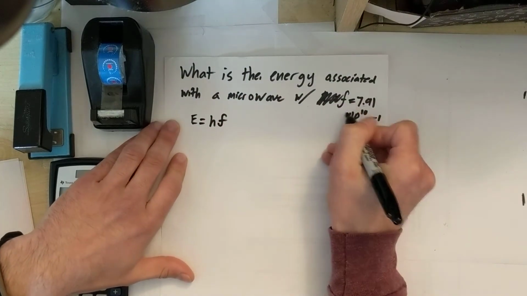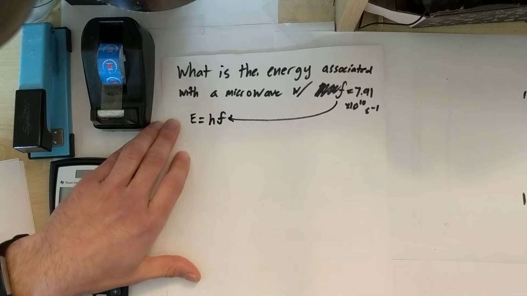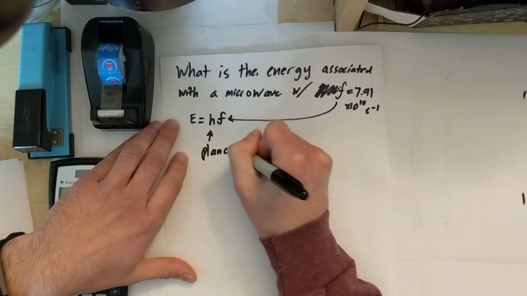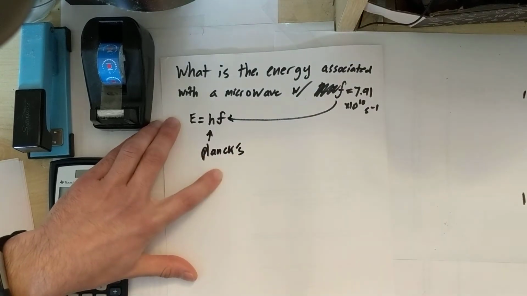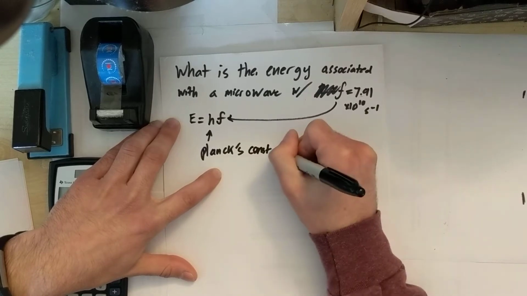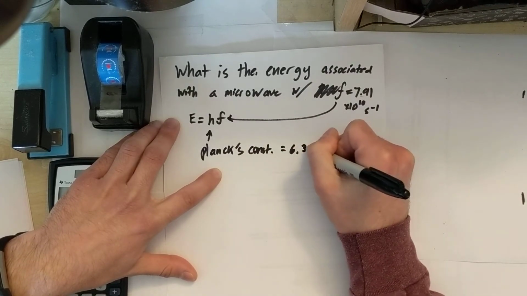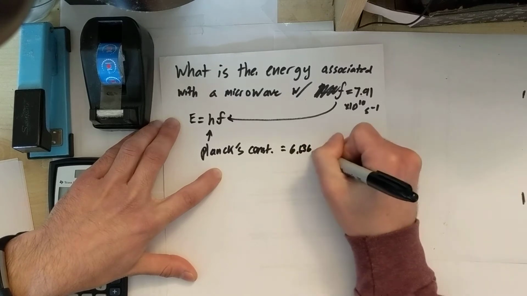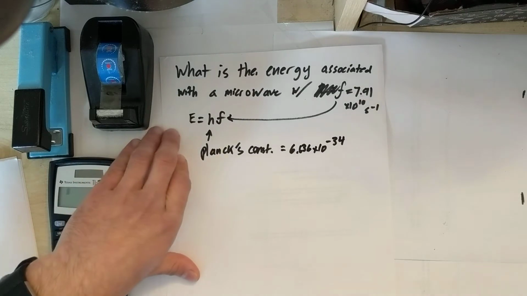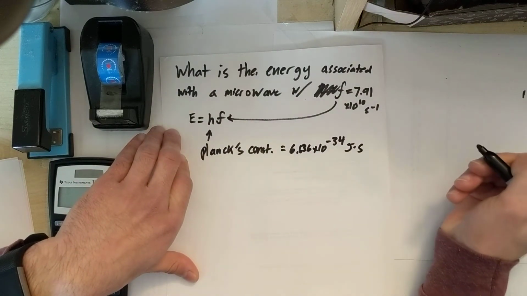We have F, that's going to go right there, and H is actually a constant. This is called Planck's constant, and that is equal to 6.636 times 10 to the negative 34, in units of joule seconds.